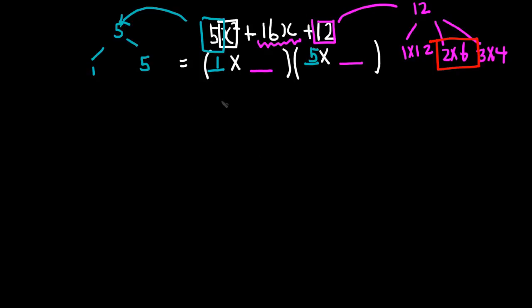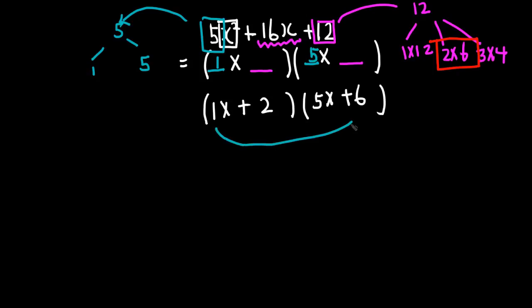At first, there will be two binomials. We know the basic form is 1x times 5x. If we input our values with 2 and 6, it will be 1x plus 2 times 5x plus 6. But 1x times 6 is 6x, and 2 times 5x is just 10x.